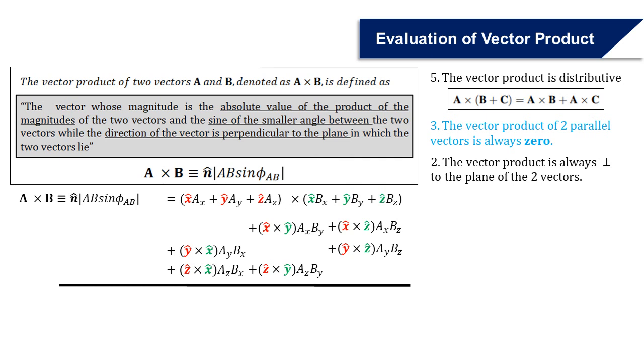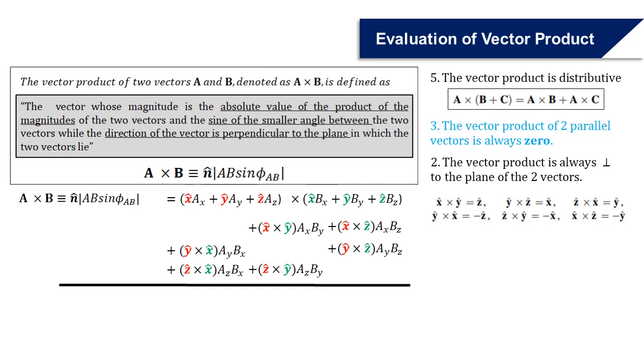And another property na gagamitin natin is that the vector product is always perpendicular to the plane of the two vectors. So, ano ibig sabihin yan? Ang ibig sabihin yan, pag perpendicular, yung direction ng ating cross product is nando sa natitirang axis. Like, for example, itong x hat cross y hat, yung vector product natin is pointing towards the z-axis.